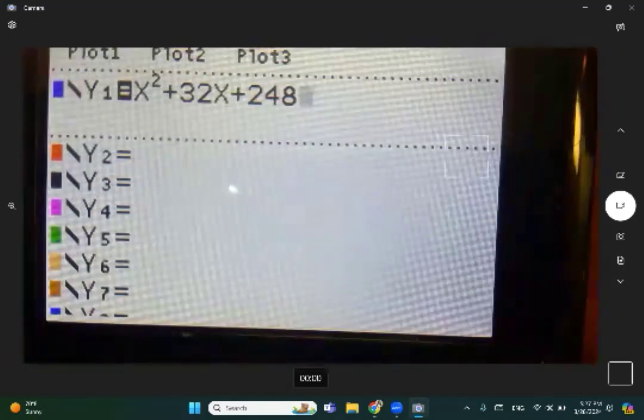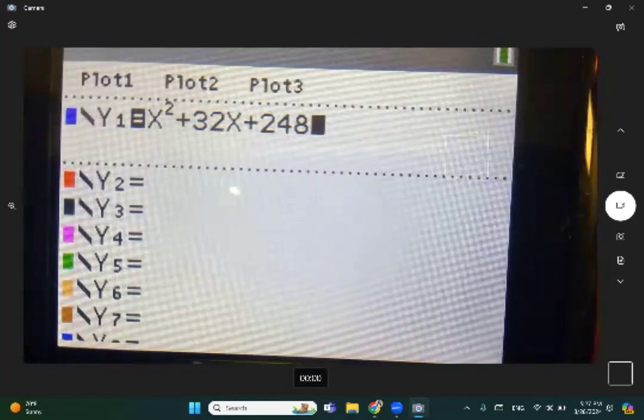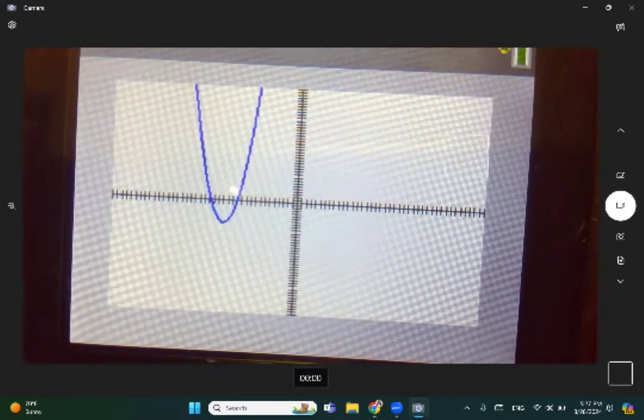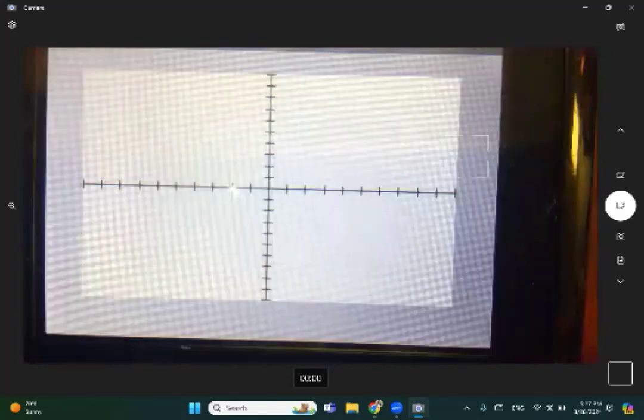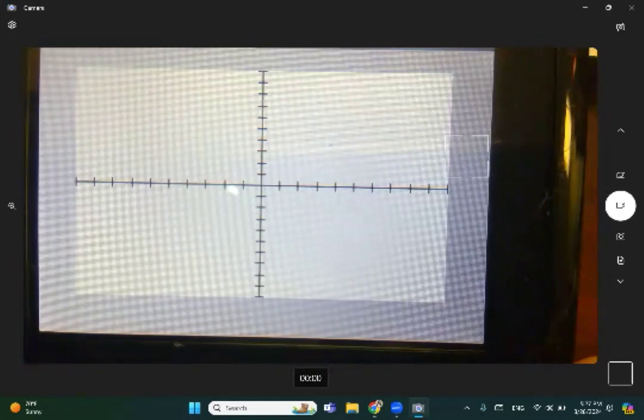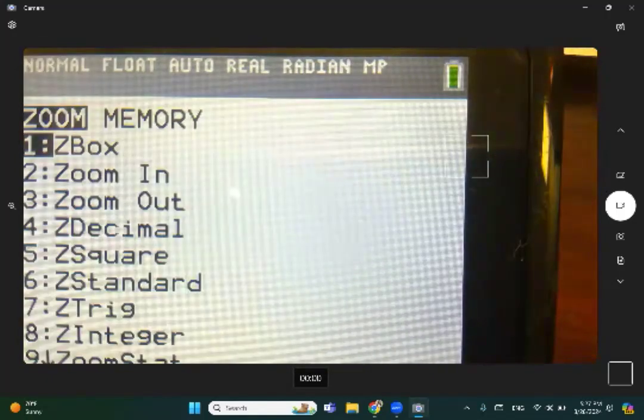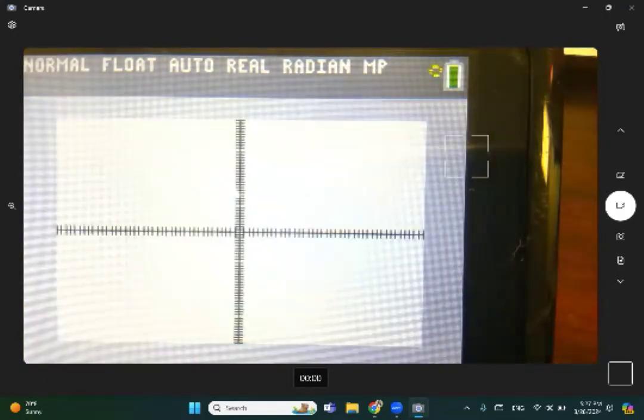From there, I'm going to hit graph. Actually, I want to go back to a regular window. So Zoom 6. Zoom 6 changes your window back to like the standard window, your normal 10 by 10. Oh, it didn't fit. So I had to zoom out. 3, enter.